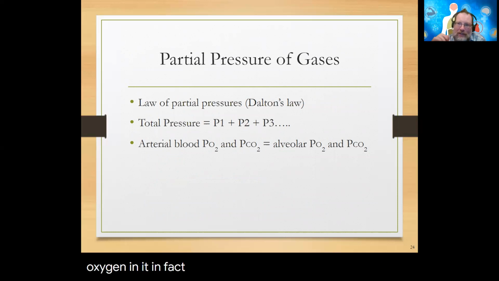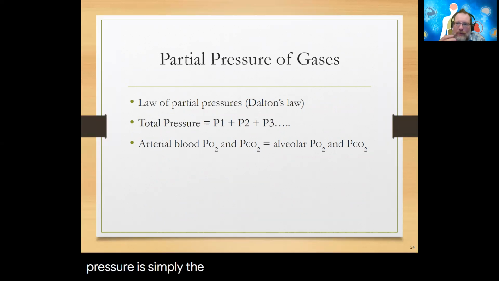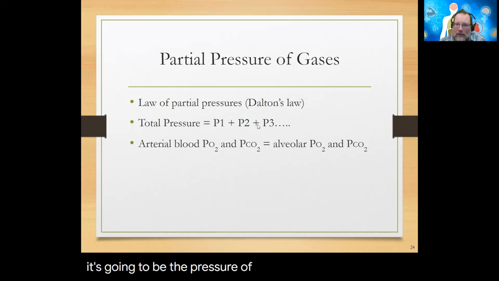In fact, oxygen is a small percentage of the total volume of gases in the air. So the total pressure is all of the partial pressures of these gases added up. So P1, P2, so this could be the pressure of nitrogen, the pressure of oxygen, the pressure of carbon dioxide. All of those added up give you total pressure, total air pressure.